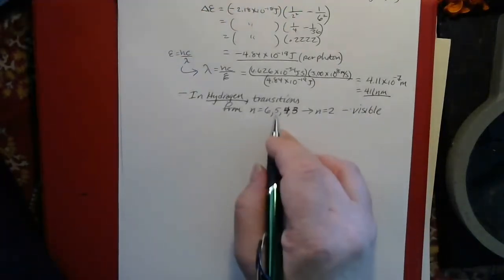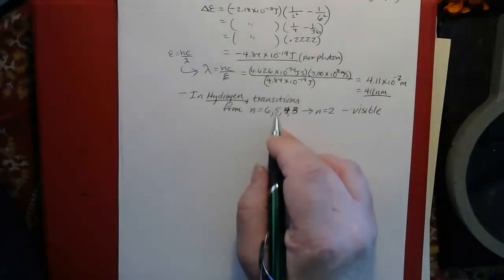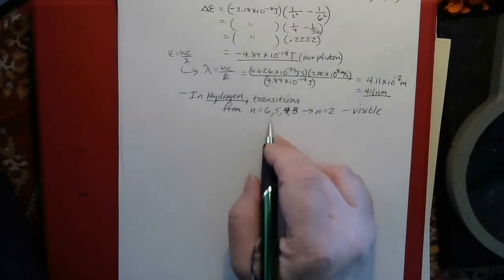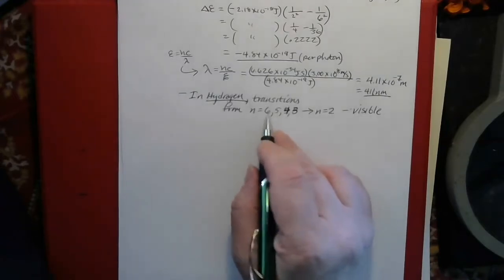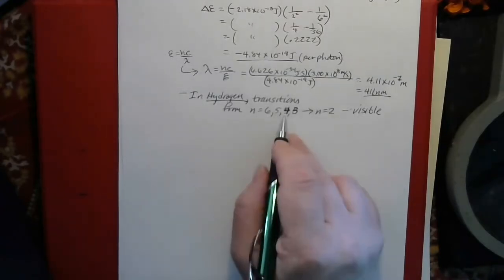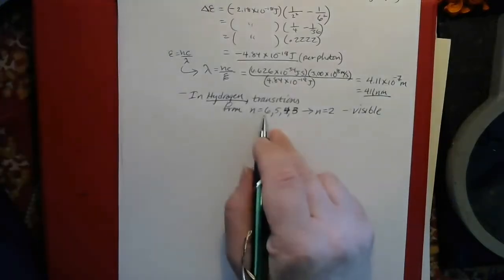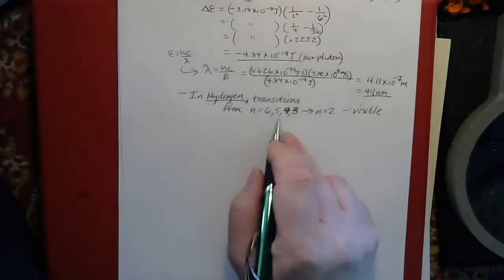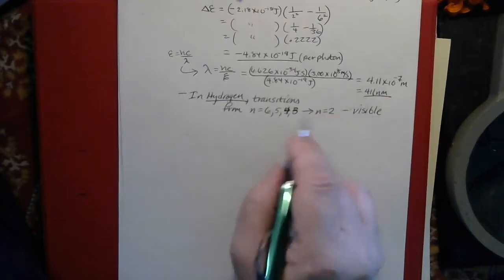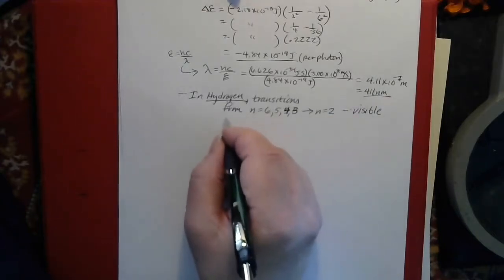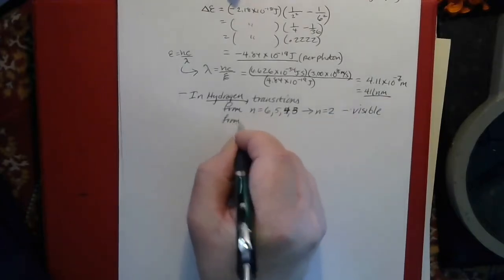And in fact, hydrogen's atomic spectrum has 4 lines in the visible range, and they correspond to n equals 6 to 2, 5 to 2, 4 to 2, and 3 to 2. And we just saw what the wavelength is for 6 to 2. It's 411 nanometers.